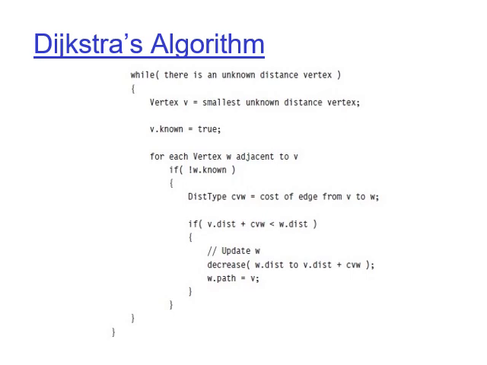Then we look at the cost of the edge from V to W. What is the cost of the edge? The current estimate of the shortest path distance of V plus the edge cost, is it smaller than the current estimate of the shortest path distance from S to W?